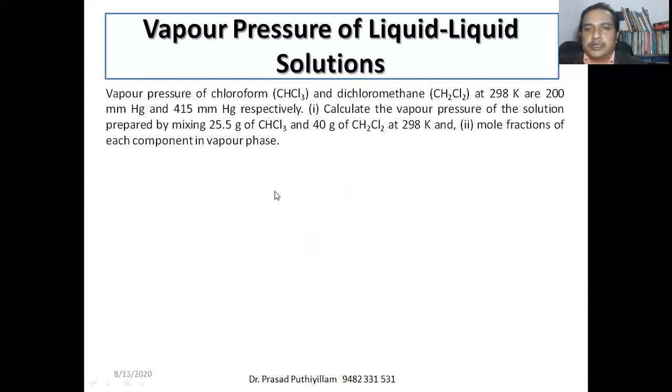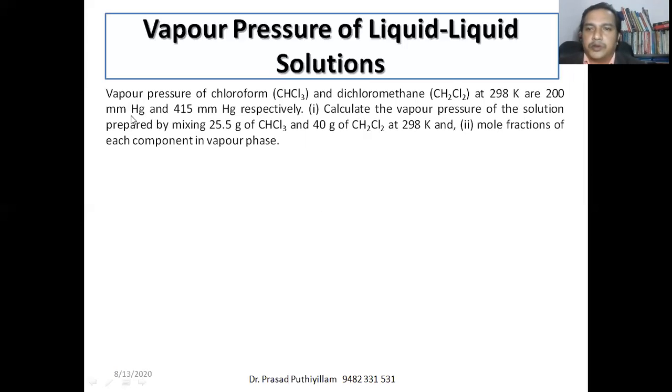Let us consider one numerical problem based on the expressions that we deduced from Raoult's law as well as Dalton's law for the vapor pressure of a liquid solution. An example is given: chloroform, that is trichloromethane, and dichloromethane CH2Cl2 at 298 Kelvin.